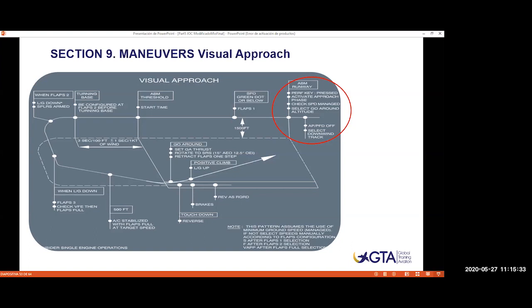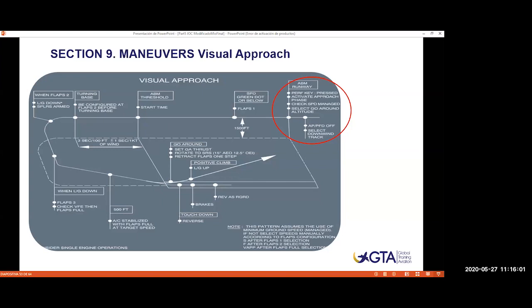We are going to be at 1,500 feet, and when we enter the downwind track, we select flaps 1, and the speed is going to reduce to S speed. Later on, when we reach the threshold, we take time, 45 seconds. Remember that it depends on the tailwind.